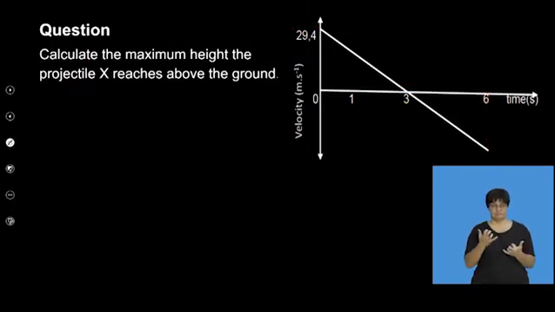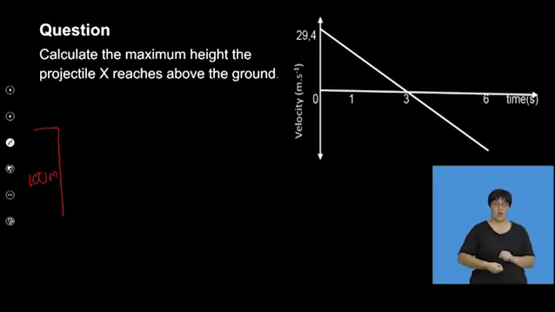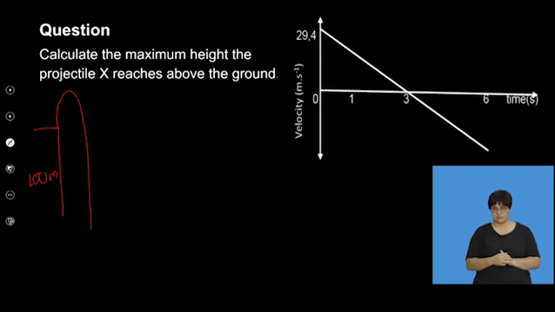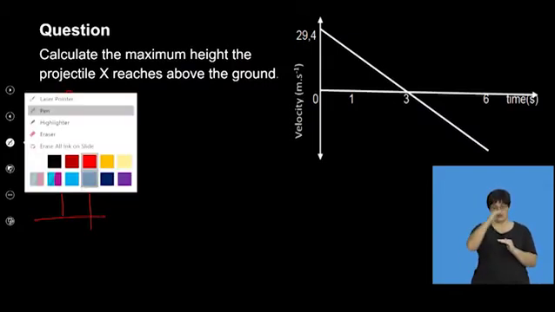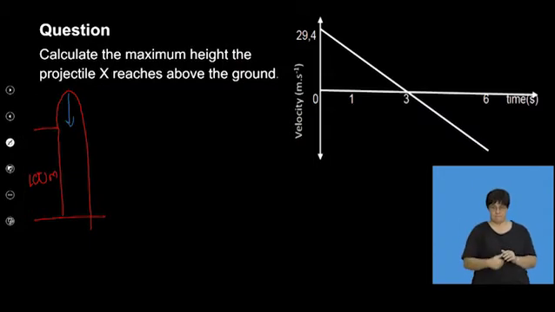Now they say calculate the maximum height projectile X reaches above the ground. So we know that it was 100 meters up the cliff, and then it went up and then came down. What we have to calculate, this is what they're asking, is this little distance.